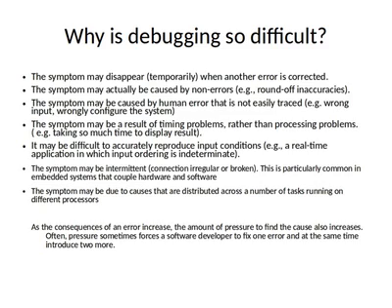Sometimes the symptom may actually be caused by non-errors, for example, round-off inaccuracies. Sometimes the symptom may be caused by human error that is not easily traced. For example, wrong input wrongly configured the system, in such cases.